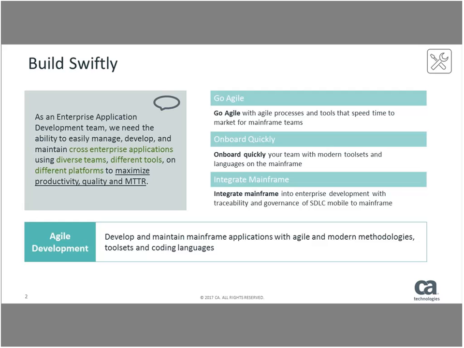And as you can see here at the bottom, Agile development really enables mainframe teams to achieve this objective by allowing them to develop and maintain their applications with Agile and modern methodologies, toolsets, and coding languages. Today we'll be presenting an overview of CA Development Environment for Z Systems, and throughout you'll see sprinkles of these underlying principles come into play, which you'll see here as Go Agile, onboard quickly, integrate mainframe.